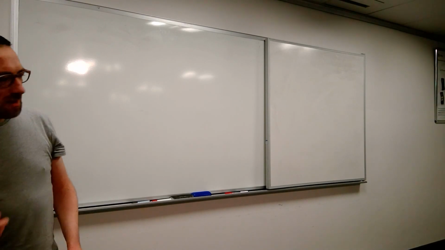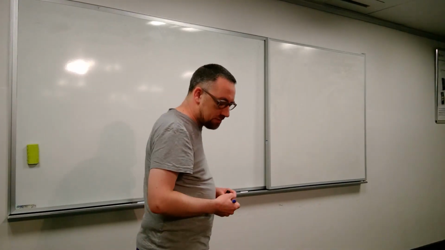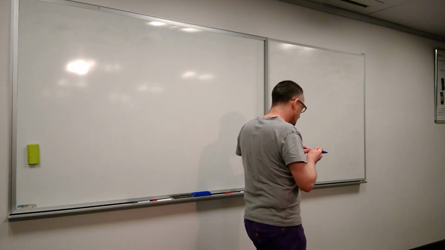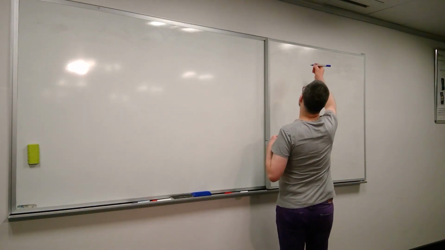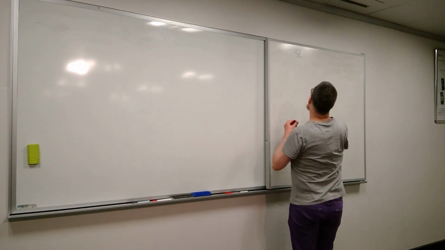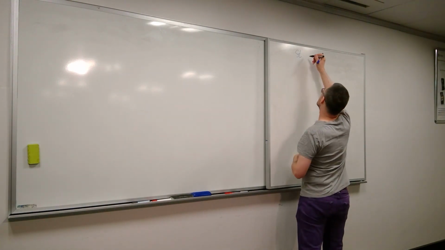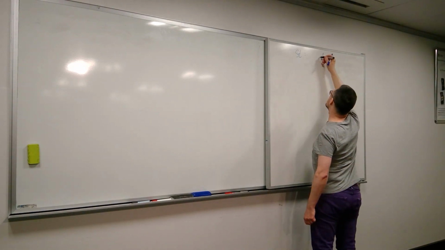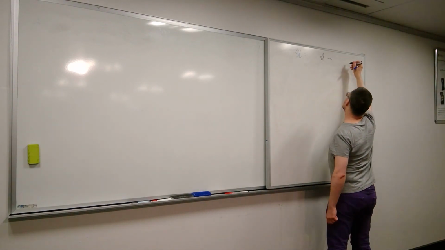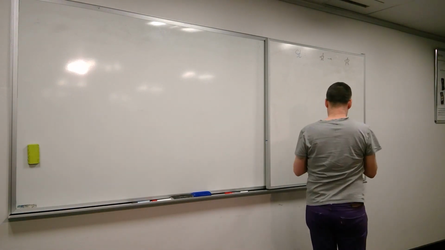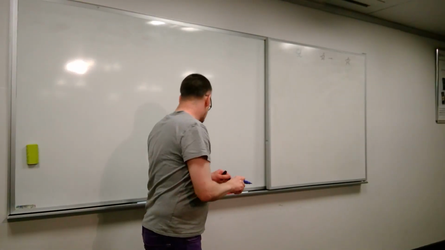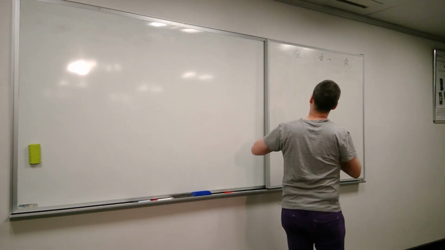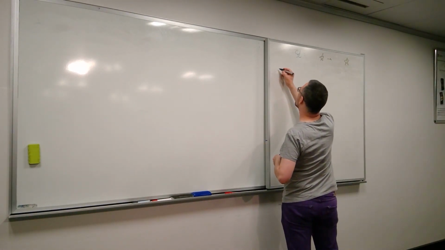Let me start with a little monadic puzzle. We know that the state monad on a given type S of states goes from types to types, and we're used to having a couple of operations. Let's see if I can get this right.